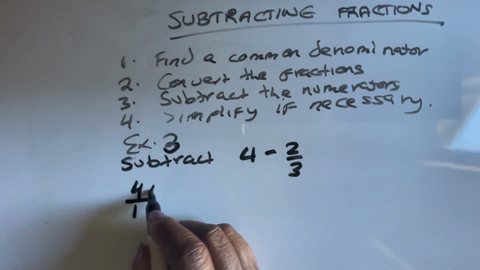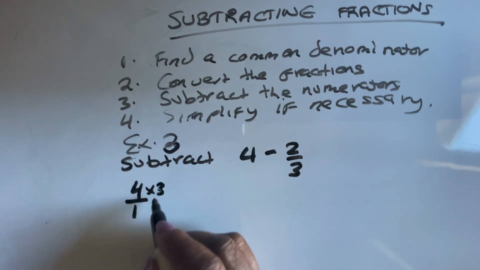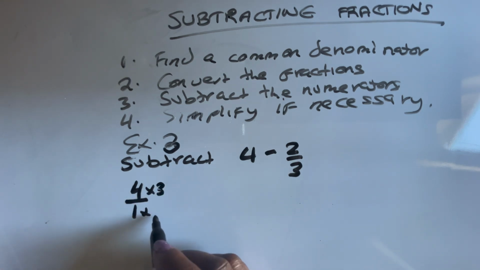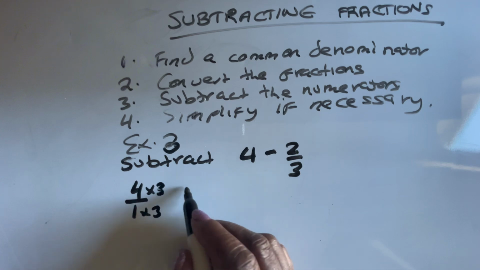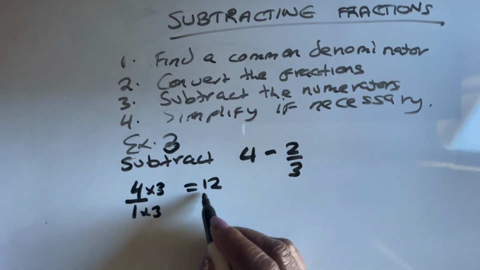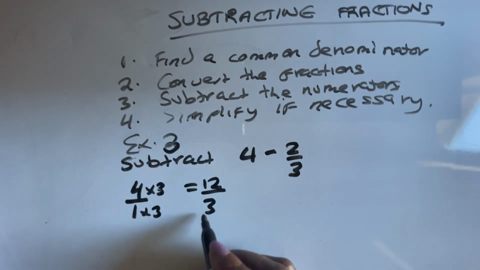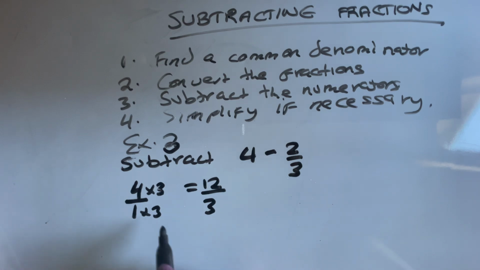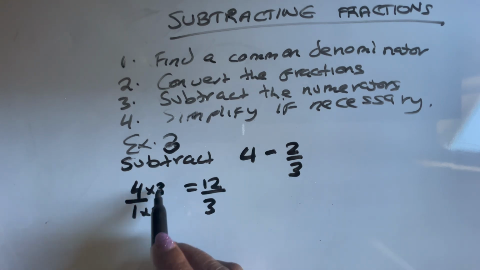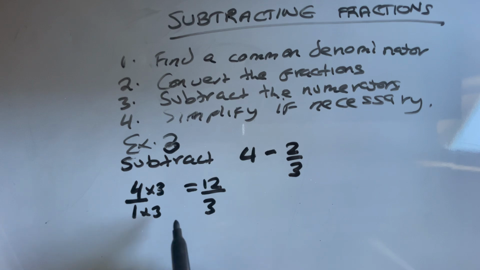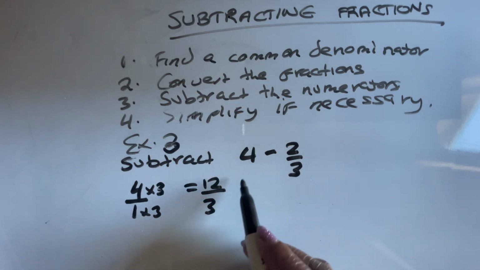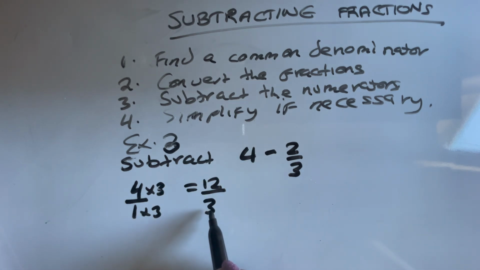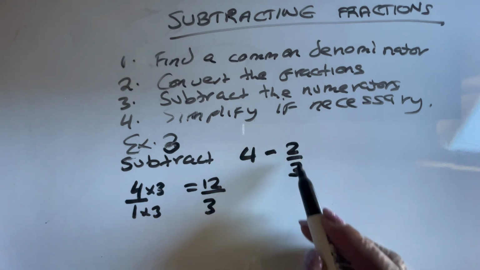But we can go ahead and multiply the top number by 3 and multiply the denominator by 3, and that will give us a new fraction of 12/3. The reason we multiply by 3 on both the top and the bottom was so that our 4 can have the same denominator as the 2/3.